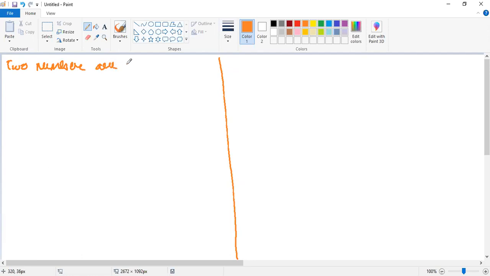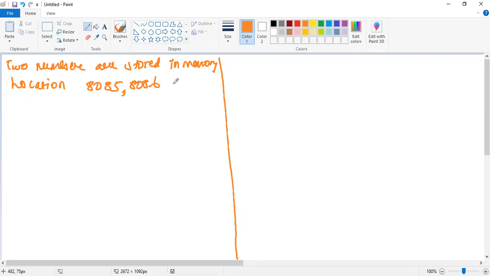Two numbers are stored in memory, like location 8085 and 8086.